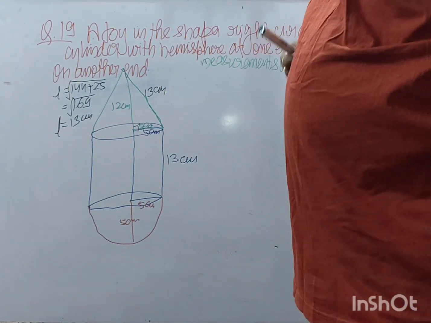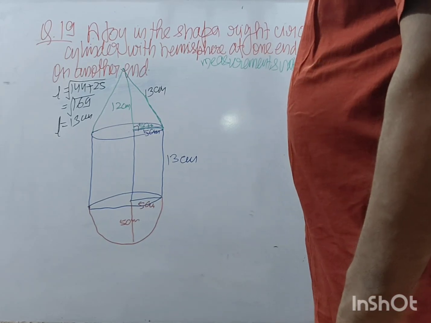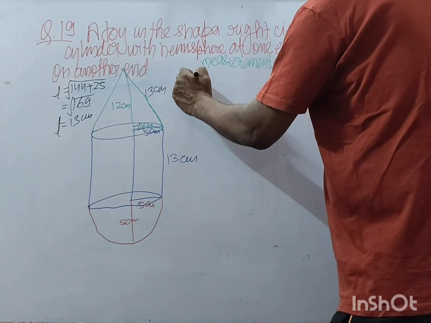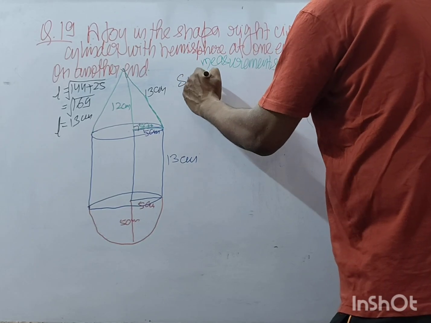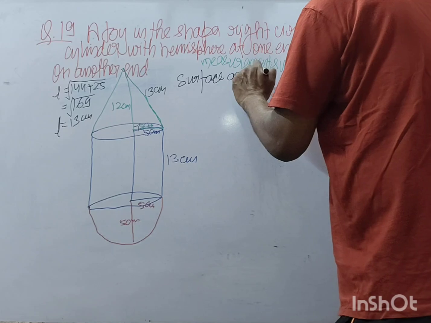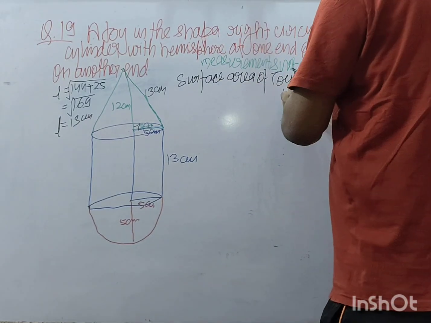What do we have to find here? The surface area of the toy with the height of the conical part. You have to find the surface area of the toy, right?